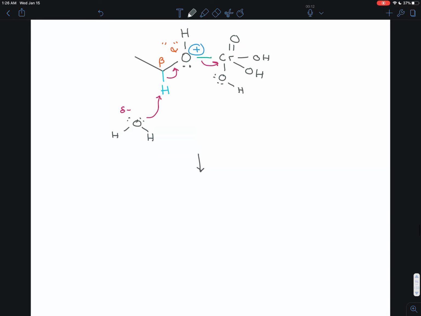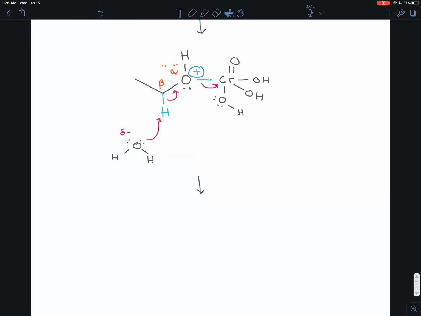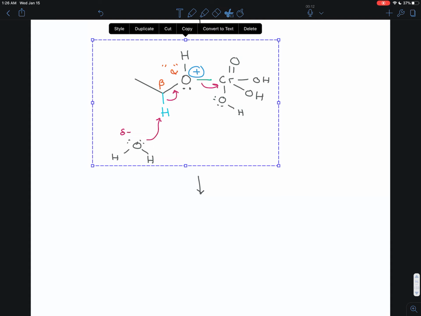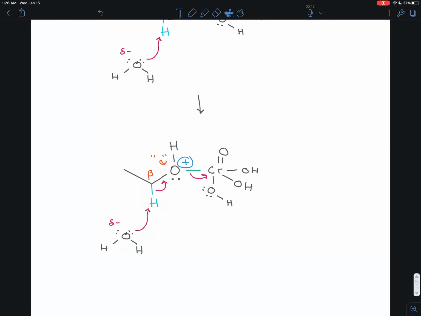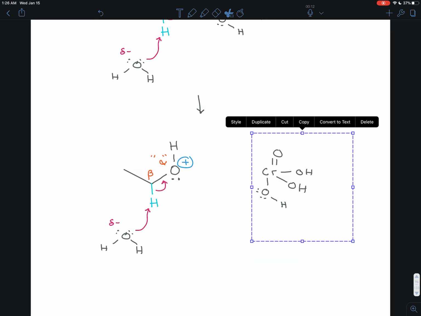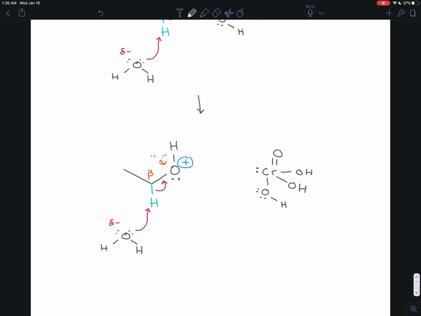Now when you do that, you have a few things. First, that chromium leaves, this hydrogen goes onto the water to become hydronium.